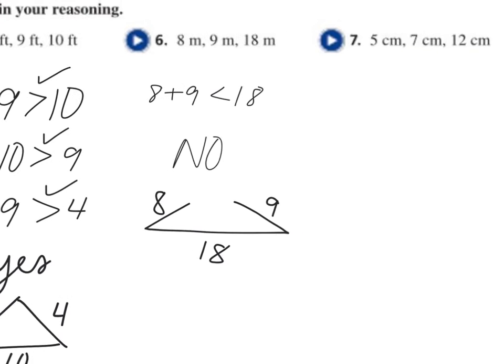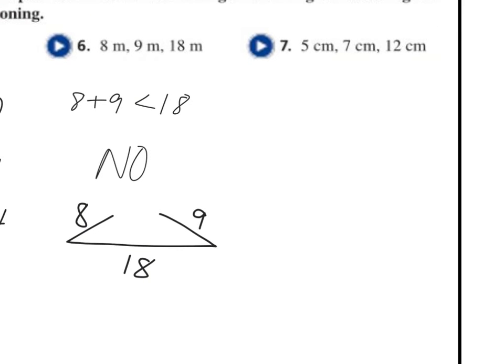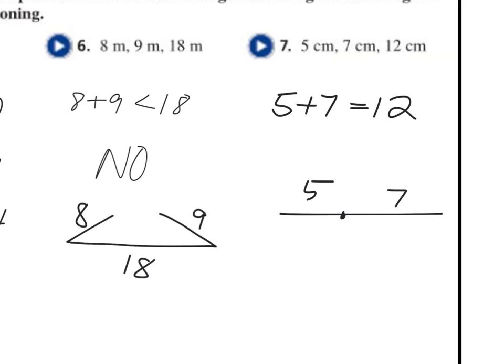Okay, and then the last one, Reese, does the last one work? Why not? Right, so what would it look like if I tried to make a triangle out of these? Straight line. It would be like this. I'd have 5, 7, they'd line up to 12, so that does not work. No.